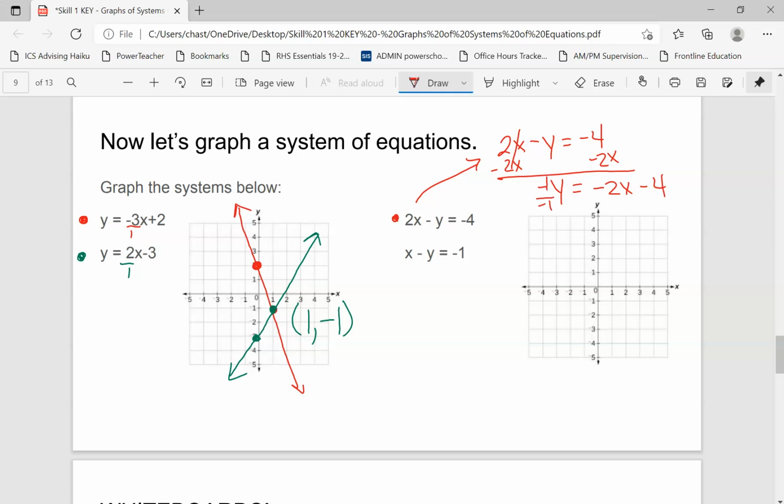So we're going to divide everything by -1. And we end up with the equation y equals 2x plus 4. So I'm going to plot my plus 4. Slope will be 2 over 1. I can't rise 2 and run 1, so I'll go down 2 and left 1.